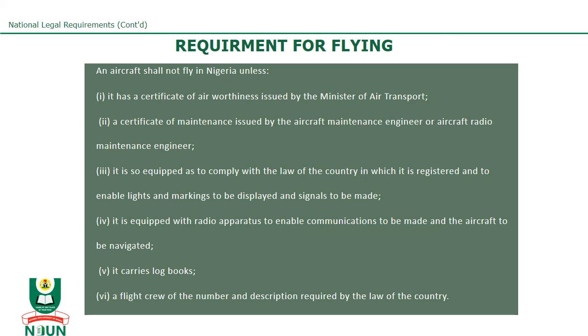It has a certificate of airworthiness issued by the minister of air transport, and it must also possess a certificate of maintenance issued by the aircraft maintenance engineer or aircraft radio maintenance engineer, and it must also be equipped to comply with the law of the country in which it is registered, and to enable lights and markings to be displayed and signals to be made.